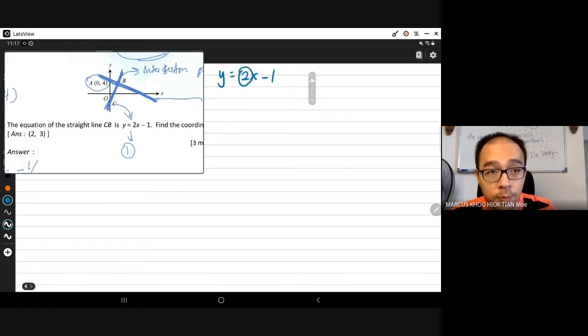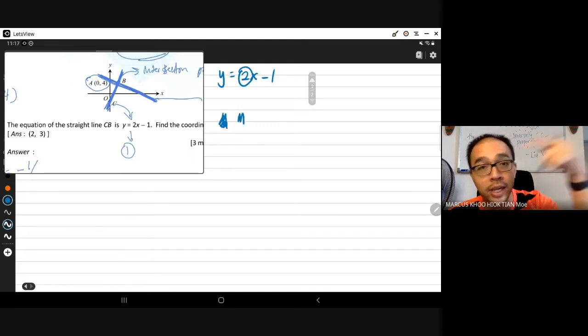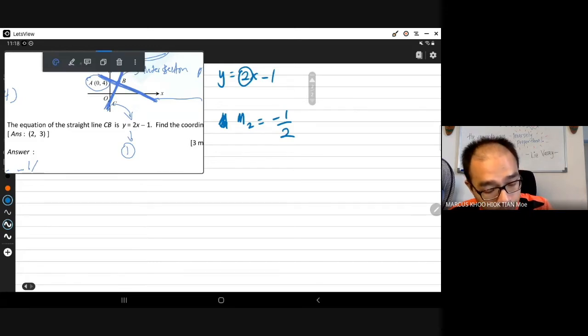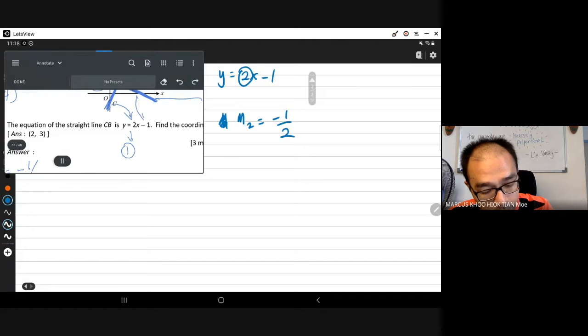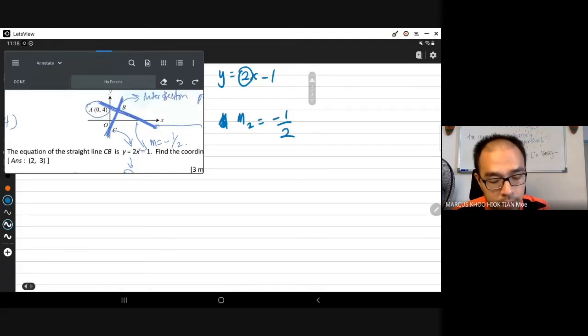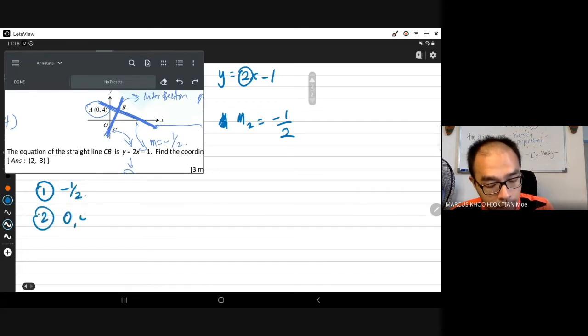So in order to find the gradient of AB, the perpendicular line, m2 equals to negative 1 over 2. So the gradient is negative 1 over 2, and we have the point 0 and 4.